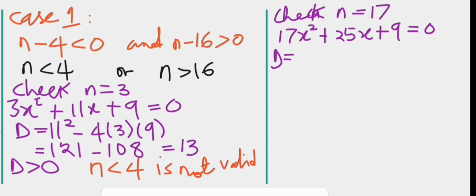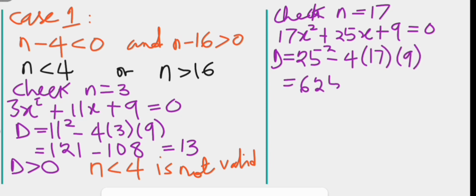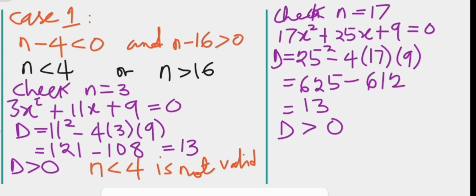The discriminant again gives 25 squared, that's b squared, minus 4 times a, 17, times c, which is 9. This is 625 minus the product of 4, 17 and 9, which is 612. This gives positive 13. Again, D is greater than 0. And with D greater than 0, that means n greater than 16 is also not a valid solution.